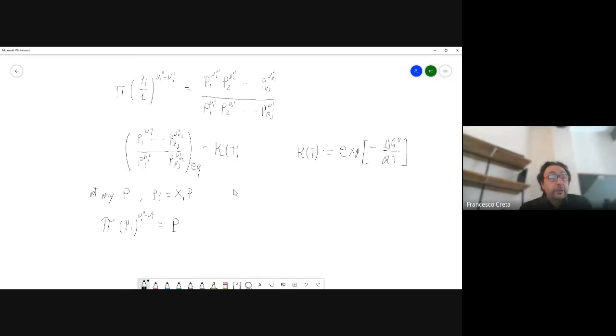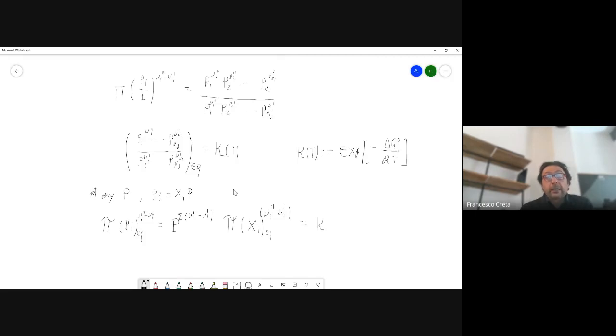Because there is a product here, the exponent of the pressure is the summation of these differences over all species, times the product of the mole fractions at equilibrium to the power of n double prime minus n.